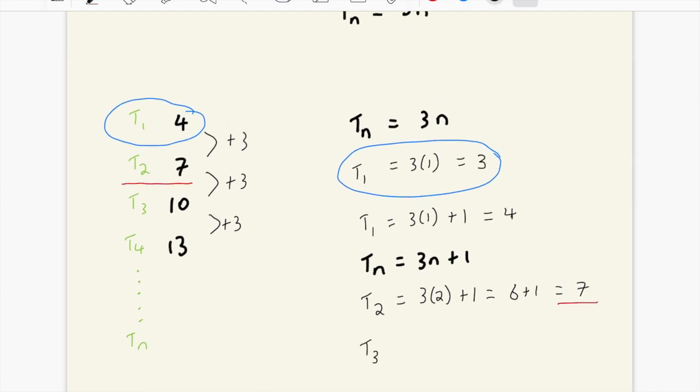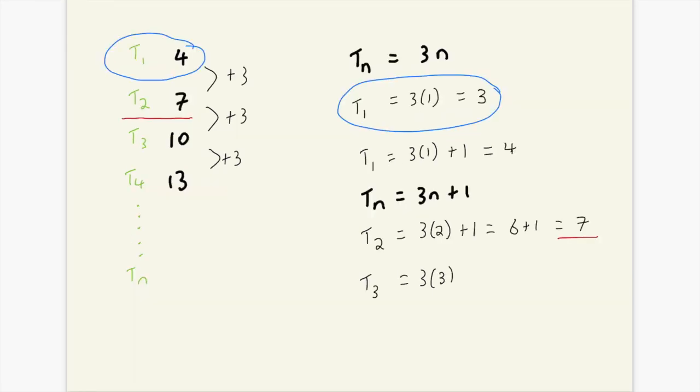For our third term, T3 is 3 times n, which is 3 in this case, because it's the third term, plus 1. That gives us 9 plus 1, which is 10, which again is our third term in the sequence over here. So now we've tested it enough, and we know that Tn for this equation is simply 3n plus 1. So that is how you find the nth term for a linear sequence.